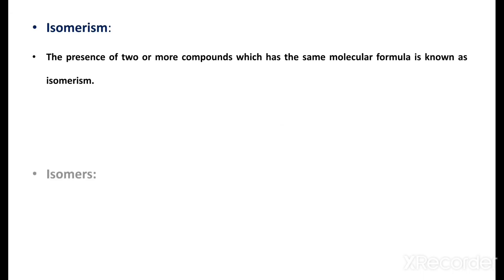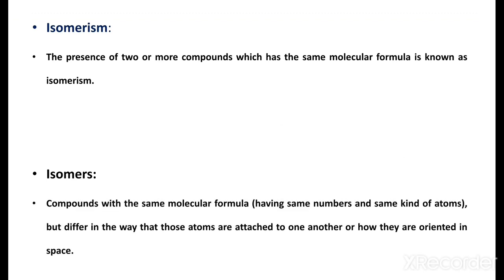Now, the second concept is what are isomers? Isomerism is the phenomenon. Now, what are isomers? Isomers are chemical compounds that have identical chemical formula but differ in properties and the arrangement of atoms in the molecules, and they are called isomers.